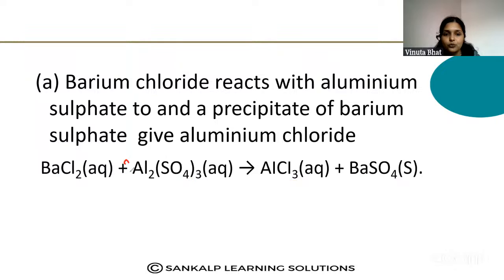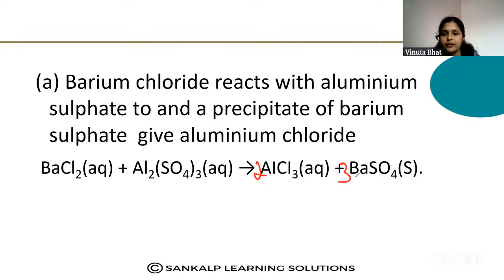I will add 2 AlCl3, then aluminium is balanced, but we have to balance the sulfate and oxygen, okay? 4 threes are 12 oxygen here, but here I will add 3 BaSO4.